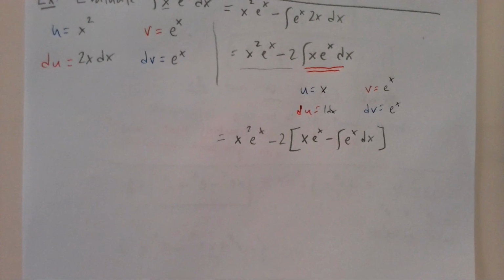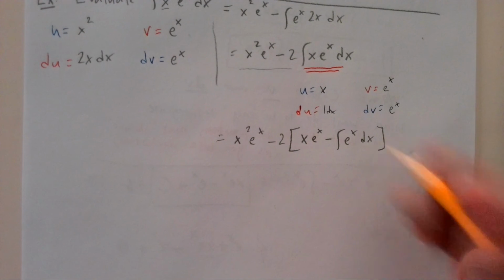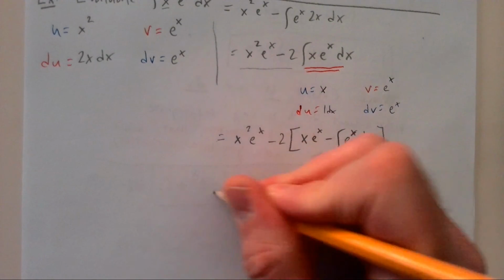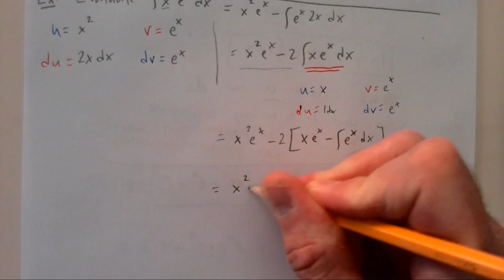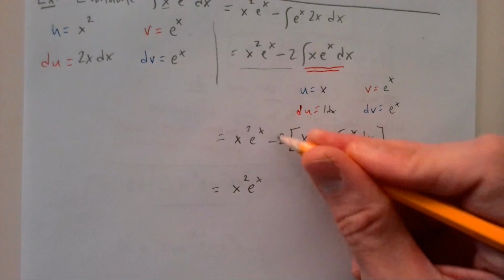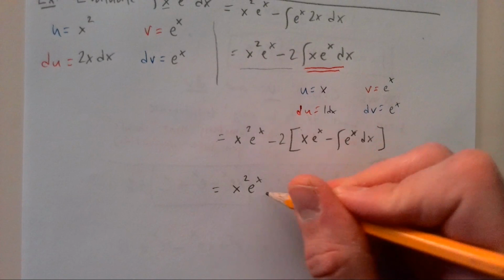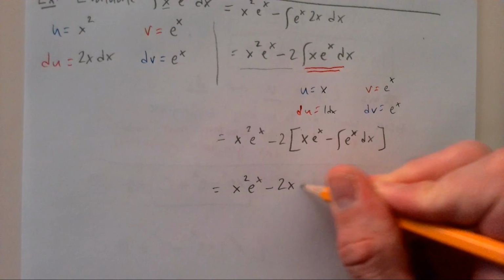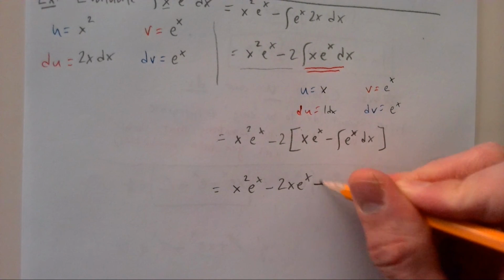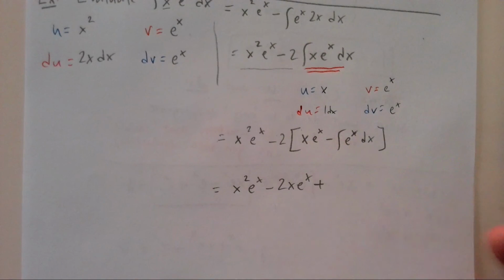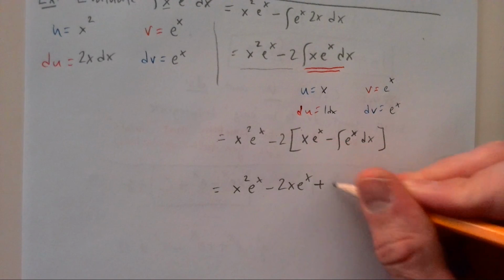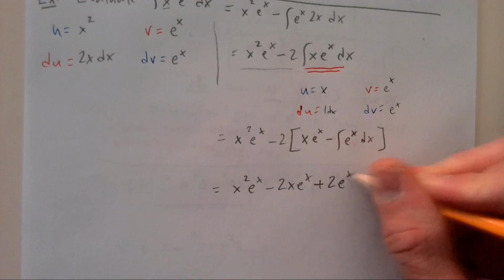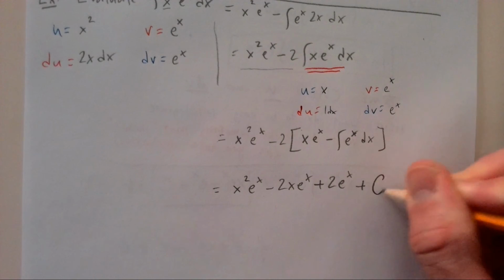Okay, so I still have one more integral to take, but it's a relatively simple one. I'll go ahead and distribute that 2 there. And the integral of that is just e to the x. Minus and minus makes plus. Don't forget that plus c.